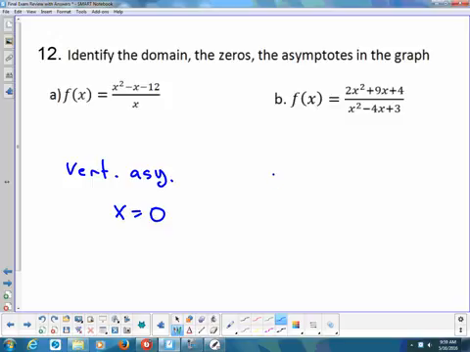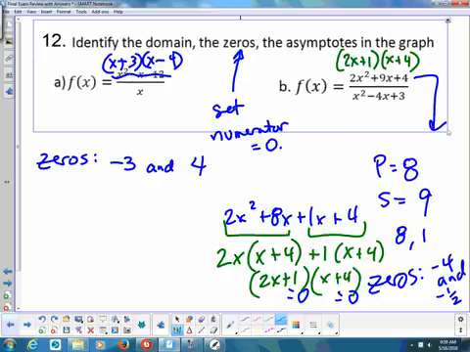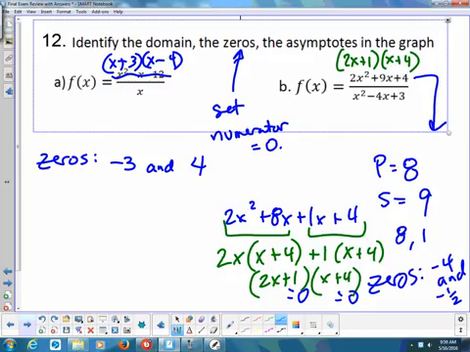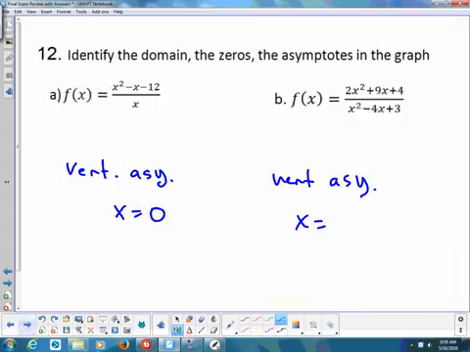For this one, there's going to be 2 of them. What are my vertical asymptotes going to be for this problem? We said that we were kicking out 1 and we were kicking out 3, right, from the domain. So those are going to be our vertical asymptotes. x equals 1 and x equals 3.